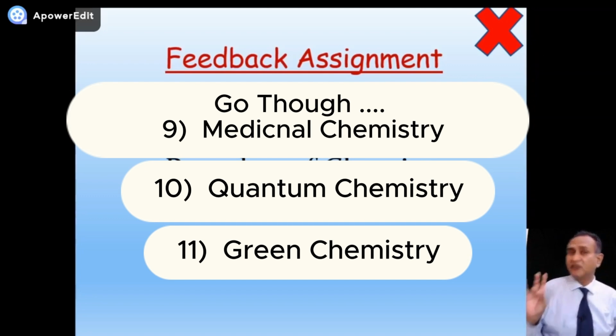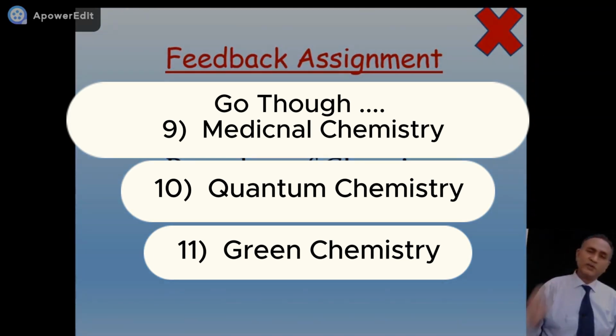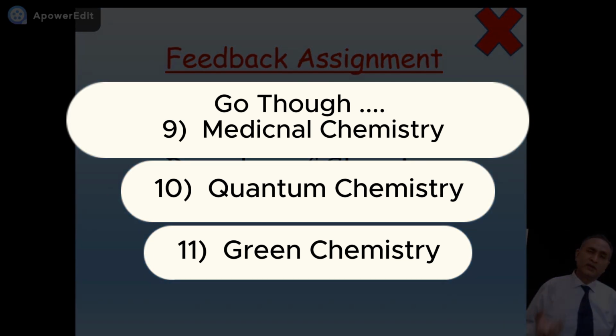Biochemistry, study of life. Environmental chemistry, study of various chemicals on different kinds of living organisms. Right? Nuclear chemistry, study of nuclear changes, study of changes occurring in the nucleus of an atom. Polymeric chemistry, monomers combine to form a big molecule called a polymer.